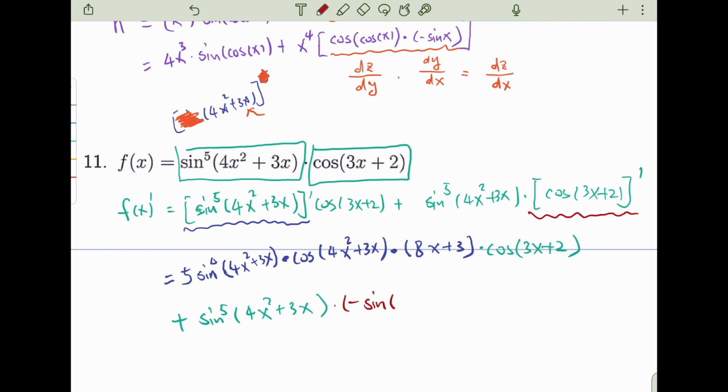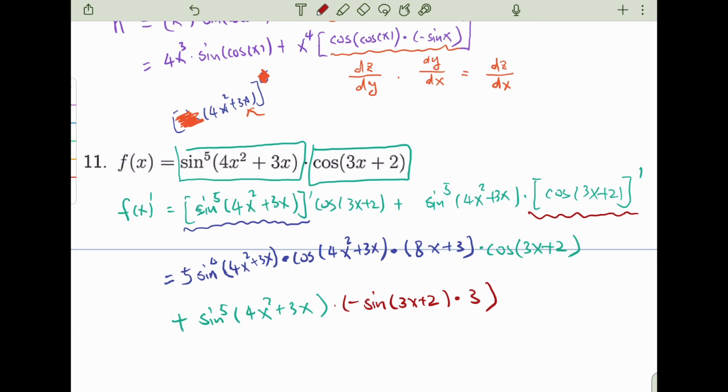But now the x is replaced with the inner function, right? The inner function here, 3x plus 2. And this is just the derivative of the first layer. We need to multiply the derivative of the inner function. That is the derivative of 3x plus 2, that is 3, right? So we have 3 here.